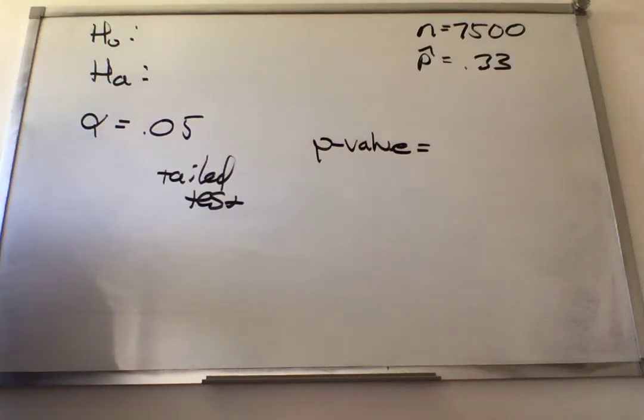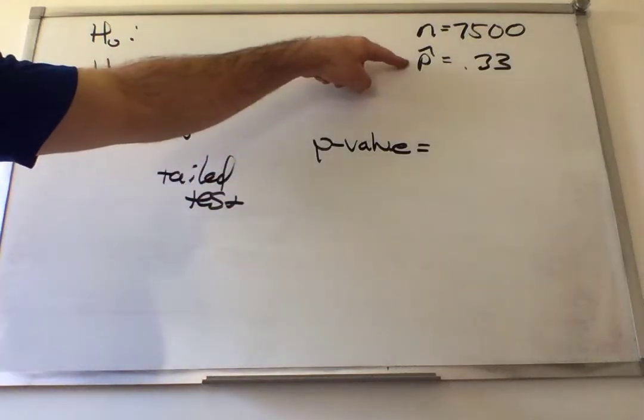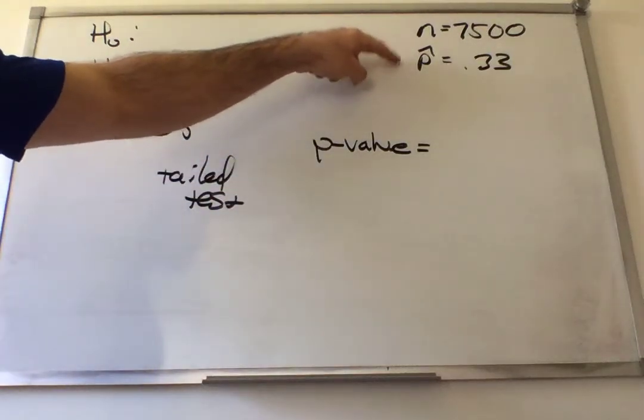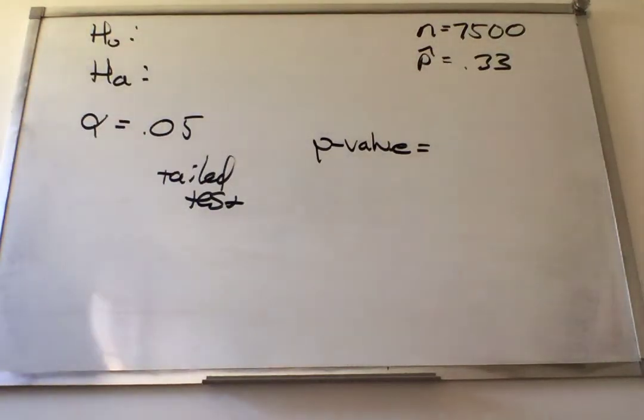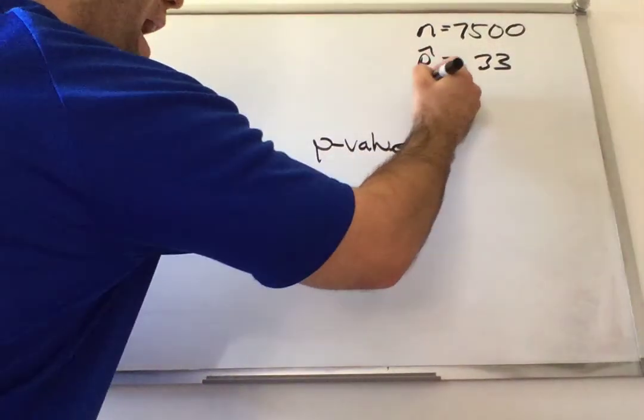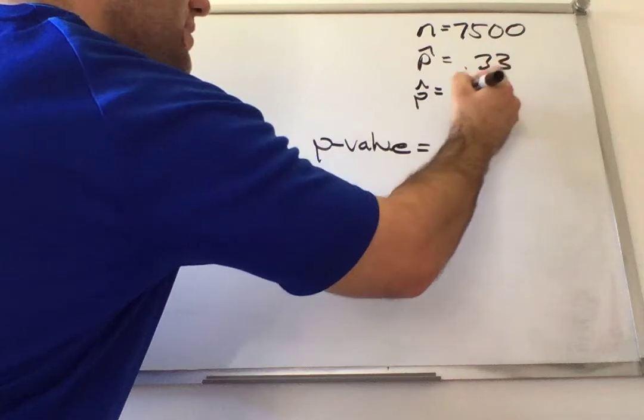Okay? When we do it on the calculator, it doesn't ask for p-hat. It wants the number of people out of these 7,500 to be there instead. It wants the x value. So p-hat is just equal to x divided by n.